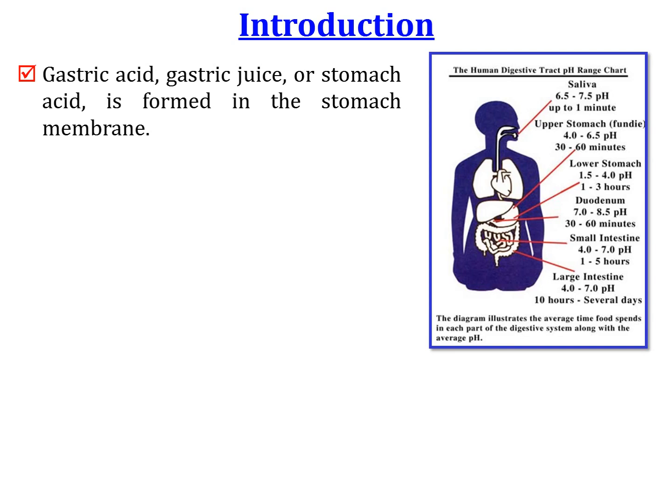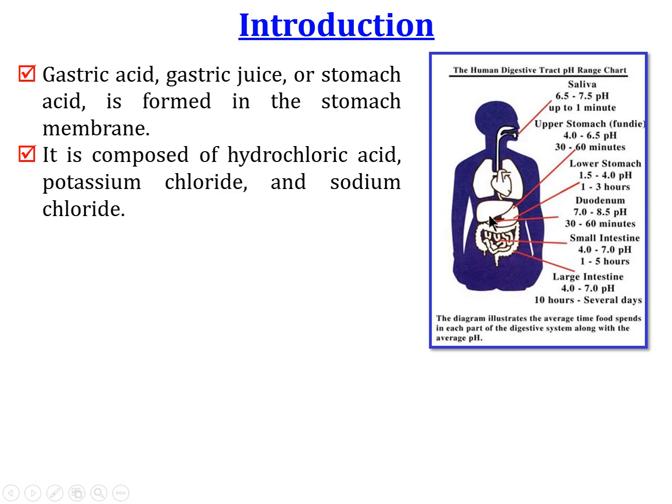Acids and bases are present in our daily life and especially in the functioning of our human system. For example, the gastric juice, or the gastric acid, or the stomach acid, is formed in the stomach membrane, and it's composed of hydrochloric acid, potassium chloride, and sodium chloride.